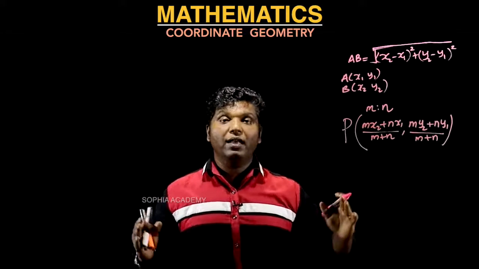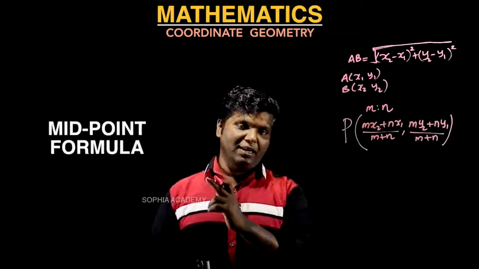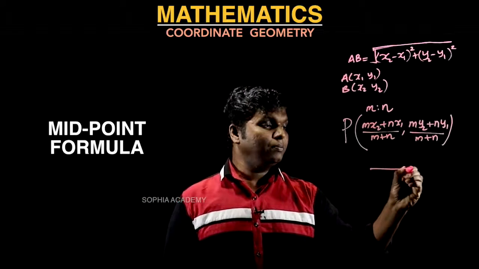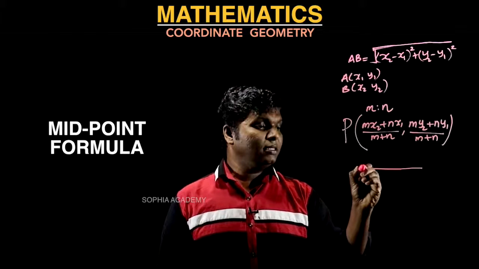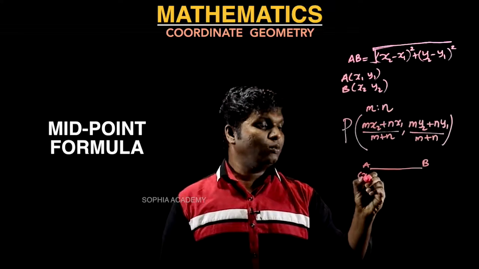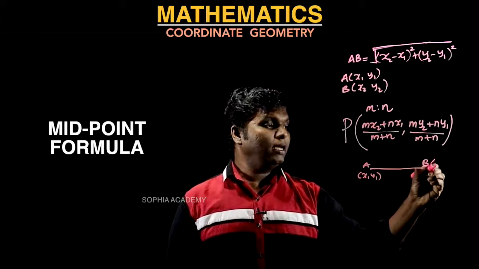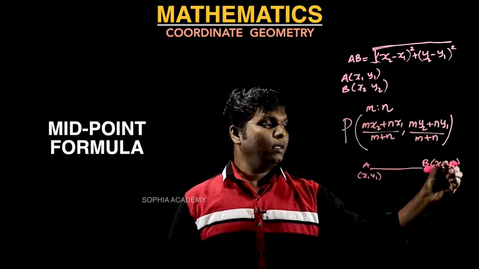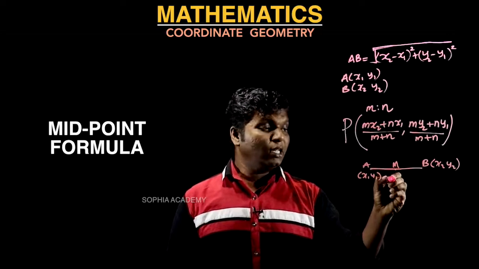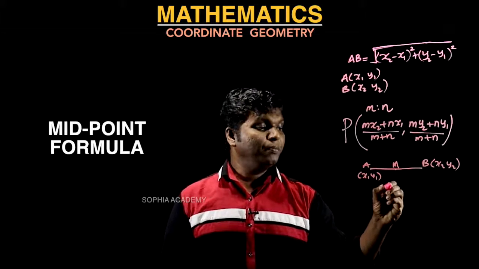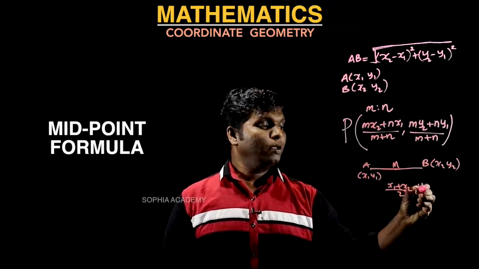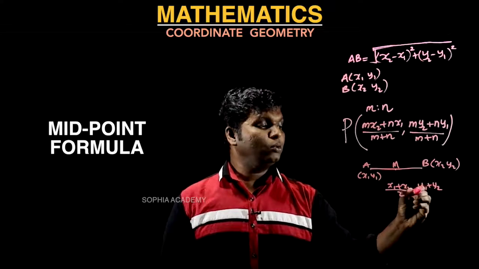Then one more thing. If a line segment is given and you want to find its midpoint, imagine a line segment with A as (x1, y1) and B as (x2, y2). Say M is the midpoint, and the coordinates of M can be found as ((x1 plus x2) by 2, (y1 plus y2) by 2).